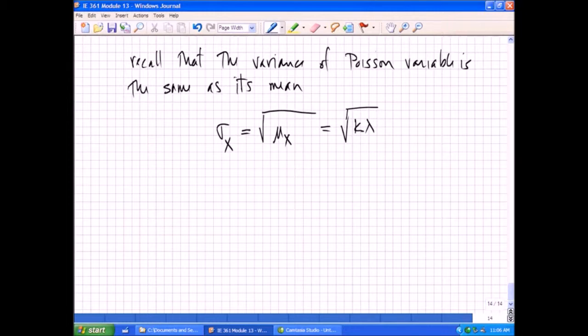If we take those two facts and think about what they tell us about u hat, that is x divided by k, well, that says that the mean for u hat is the mean for x over k. That's k lambda over k.